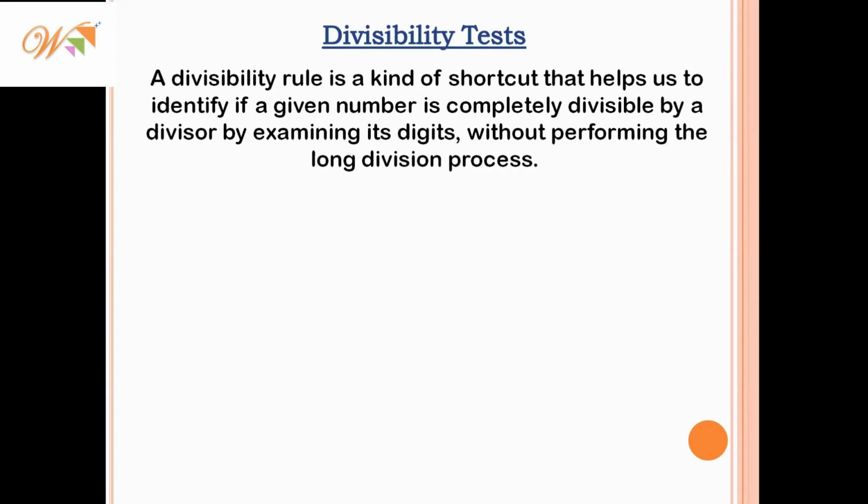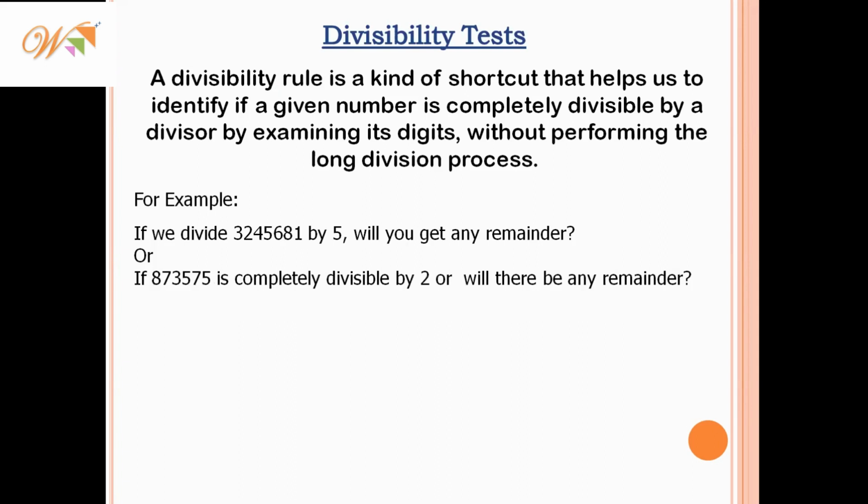For example, 3, 2, 4, 5, 6, 8, 1 is a big number. How to guess if it is divisible by 5 or not? If we start doing the long division process, it will take a lot of time. So we need a test, so that just by looking at that number, I should be able to guess if it is divisible by 5 or will it give us any remainder.